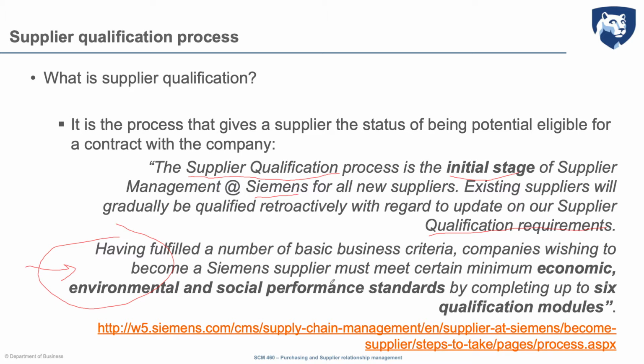For example, Siemens sets economic, environmental, and social performance standards, and if the supplier meets them, it can be included in the actual supply base, thus being considered as a potential partner to be selected for a future supply. Otherwise, it cannot be part of the Siemens supply base, or generally speaking, of the company's supply base.